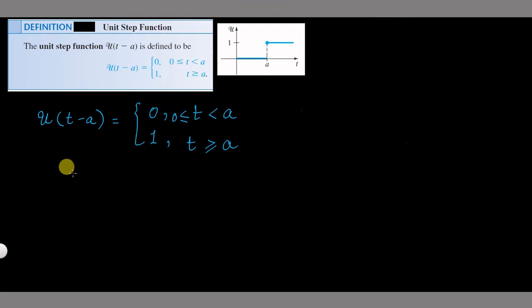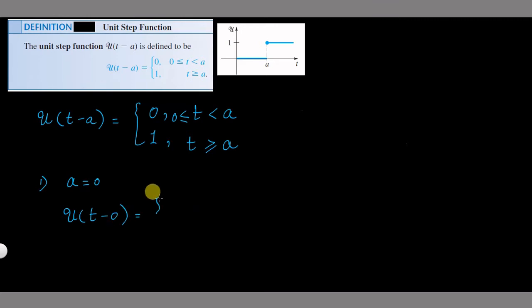Now we just consider if we replace a by any other number. For instance, in example 1, if a is 0, then what type of function will it represent? So u of t minus 0.